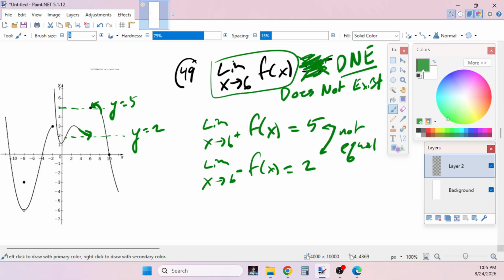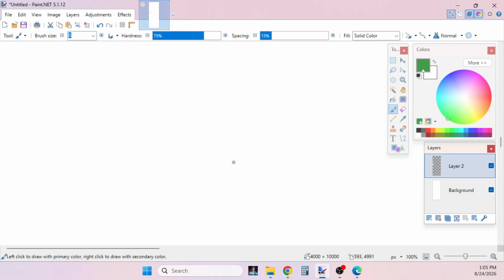It says, in the following exercises, sketch the graph of a function with the following properties. Let's write those properties down. The limit as x goes to 2 of f of x equals 1.